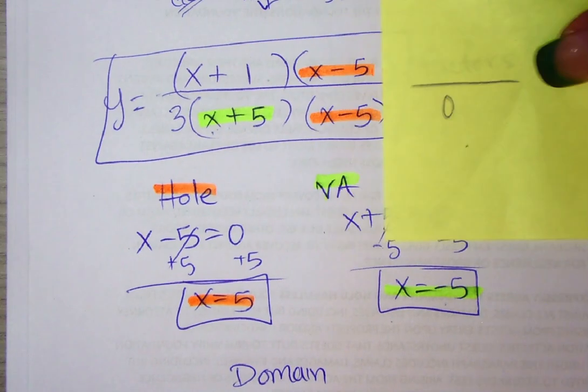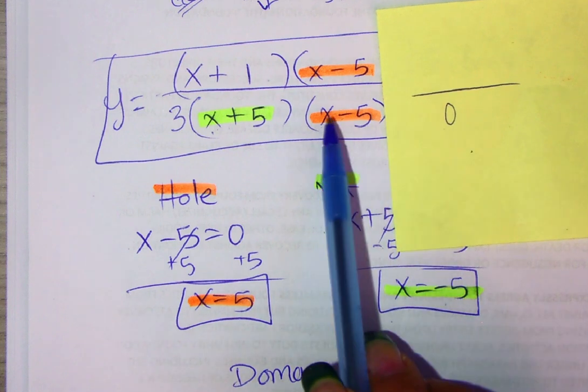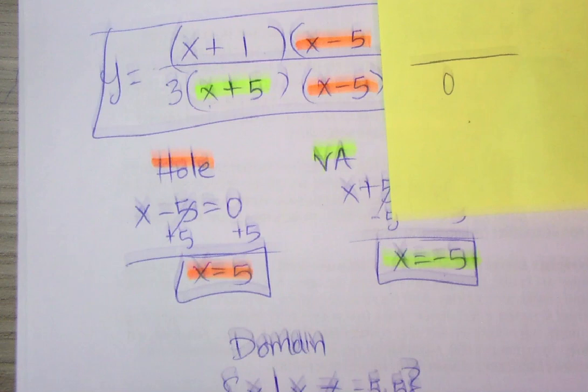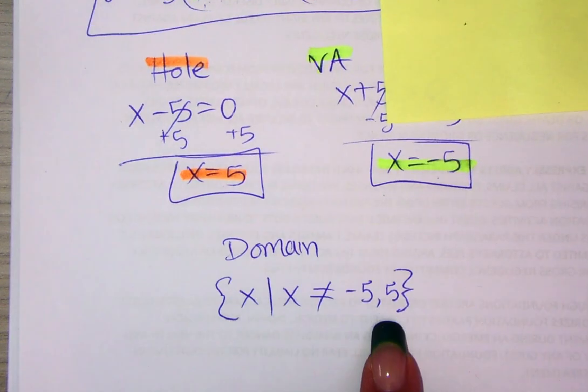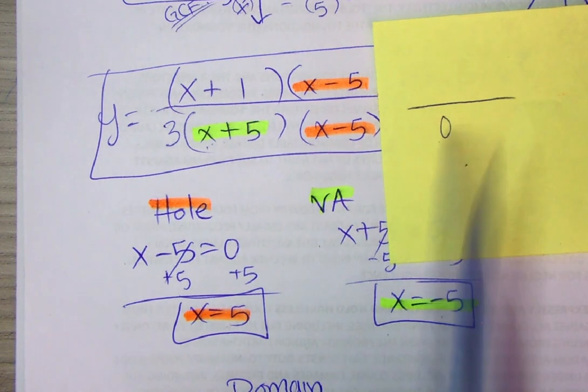And this other factor of x minus 5 will give you a 0 if this x is a positive 5. So by finding those values, we now need to just write down which values we cannot use, because if we use them, we will get that 0.